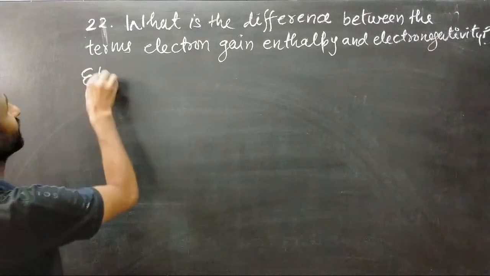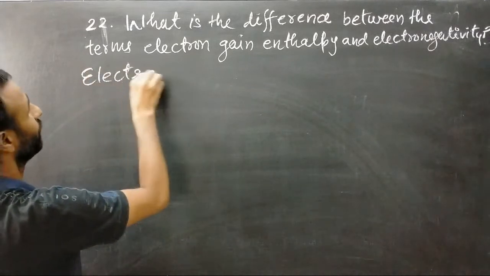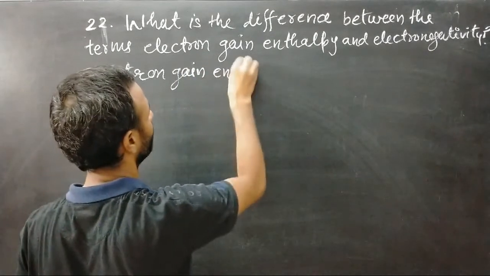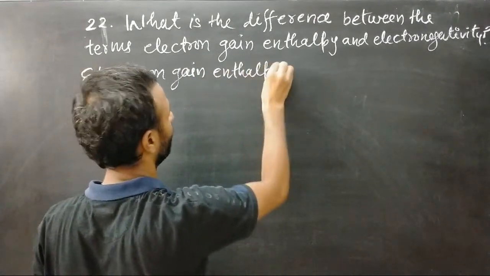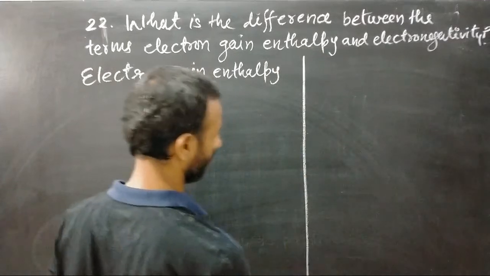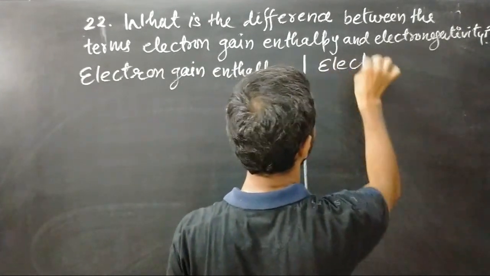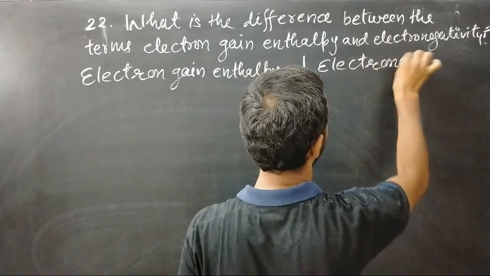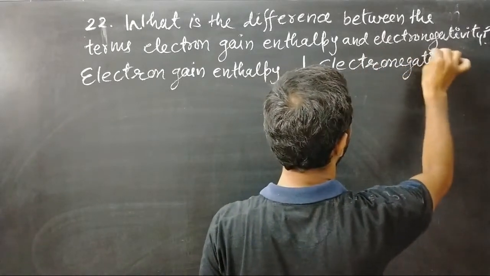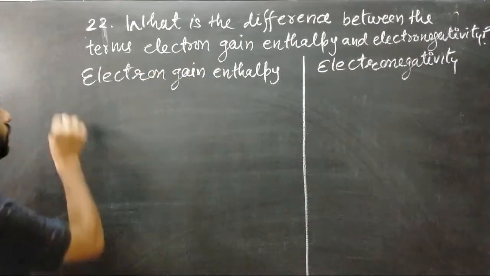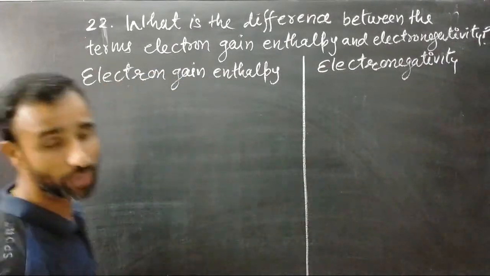Write on one side electron gain enthalpy, and on the other side, write electronegativity. So you know what is electron gain enthalpy?